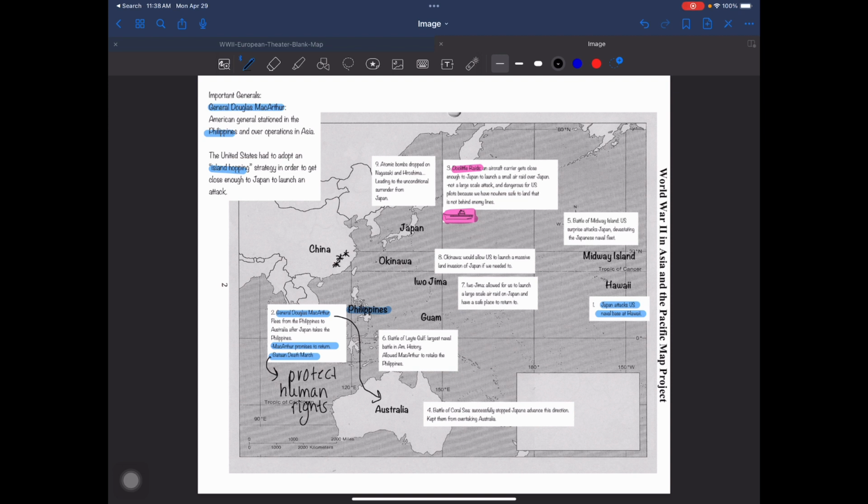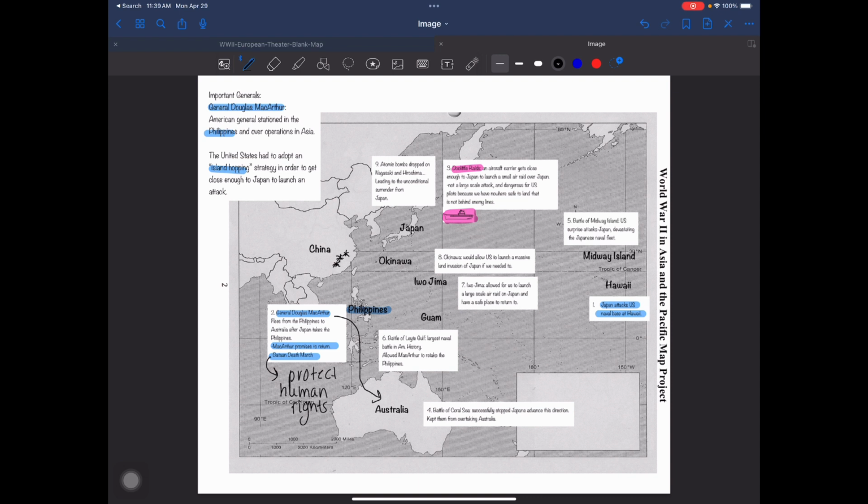And so some of those people are going to be killed. They're going to be turned into more POWs. So again, the Doolittle raids, we're going to have major success here. And rumor has it that this is where we return those peace medals that they gave us before they bombed us at Pearl Harbor.